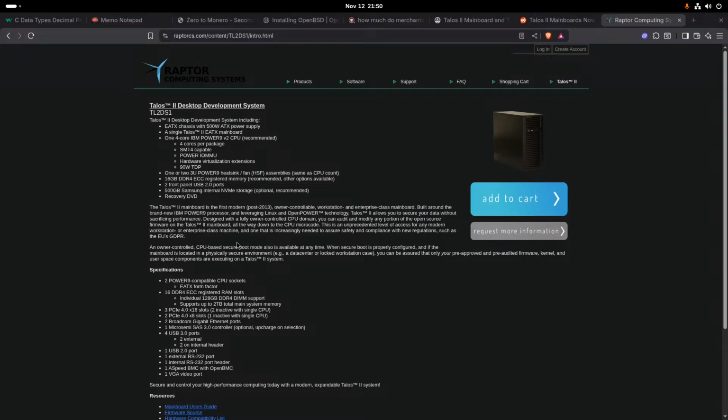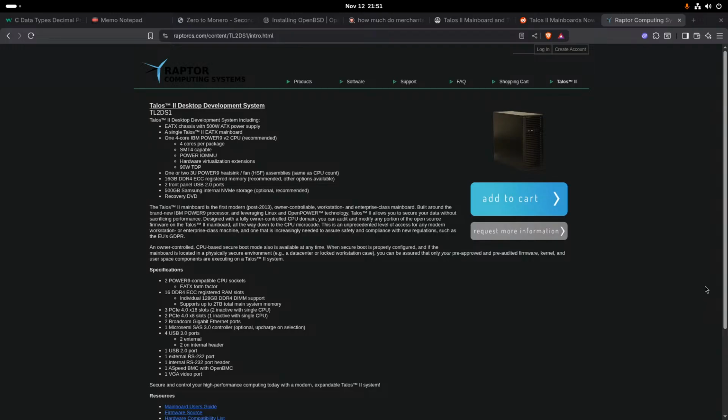Apparently, it is 16 gigs of DDR4 ECC registered memory, 500 gig Samsung internal NVMe storage, recovery DVD, 90 watt TDP, hardware virtualization extensions. I mean, there's even proprietary stuff, like HDMI proprietary, certain cabling that's proprietary, which is ridiculous, but whatever.